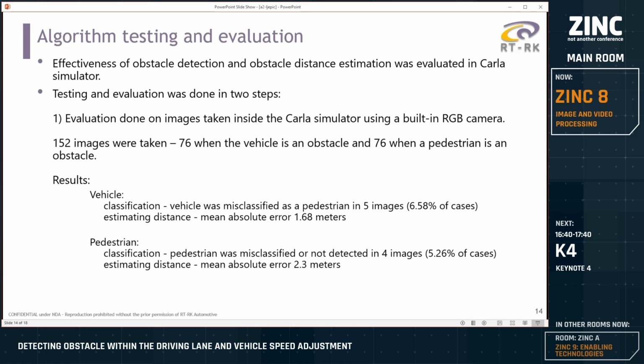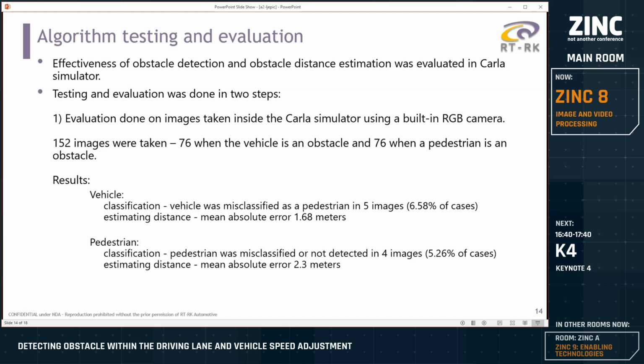To test the algorithm, we used two steps of evaluation. First, we collected an image data set from the Carla simulator using a built-in RGB camera, where we used 76 pictures for the vehicle as an obstacle and also for when a pedestrian is an obstacle. Each picture contains a different distance from the obstacle.